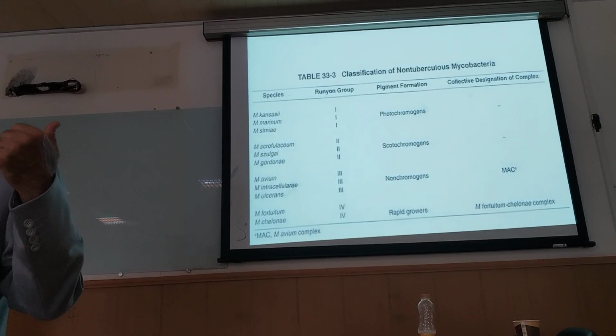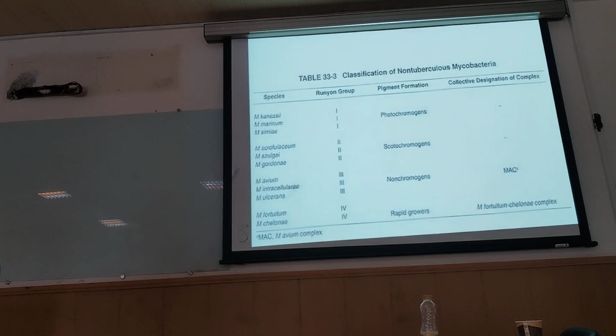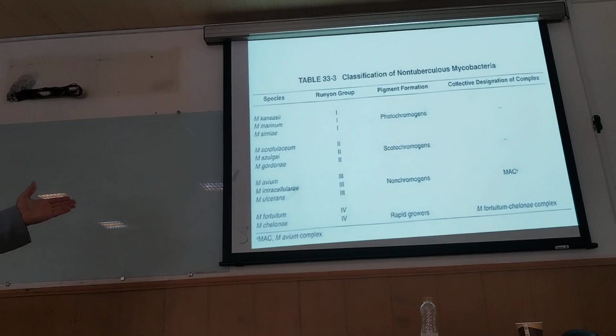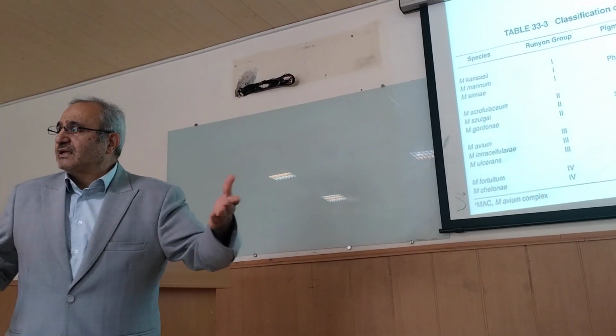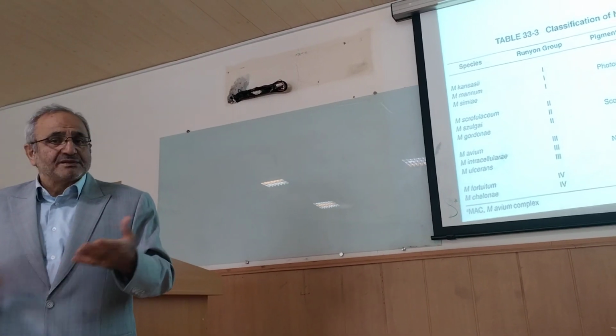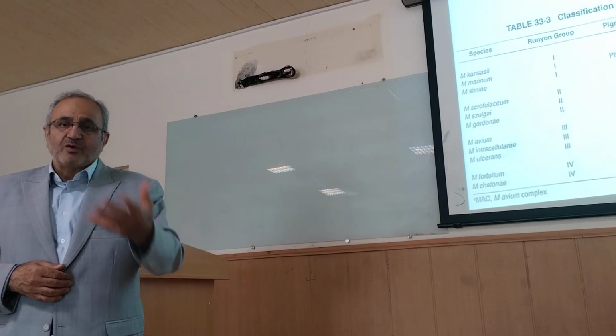For this group, what you should do is waiting about 10 days. So this group, the rapid growers, takes less than 10 days, sometimes 6 days, 7 days. It depends on the volume of inoculum.